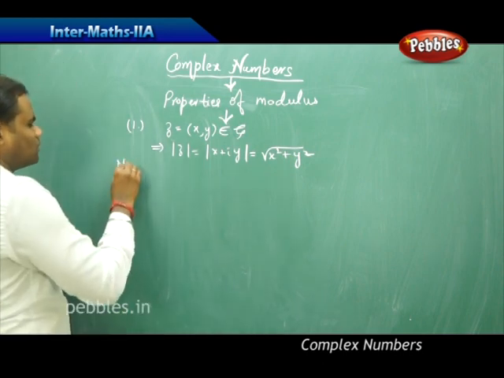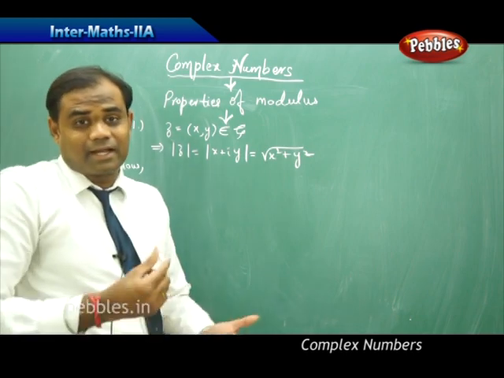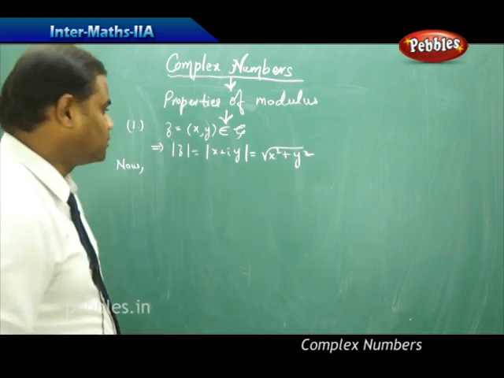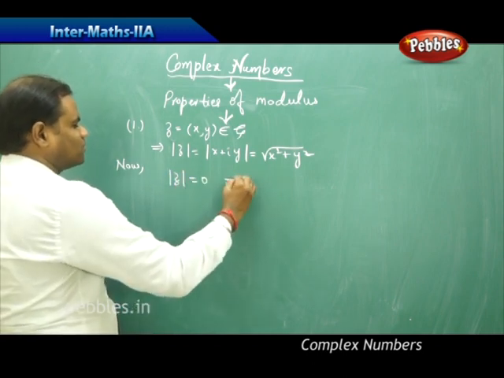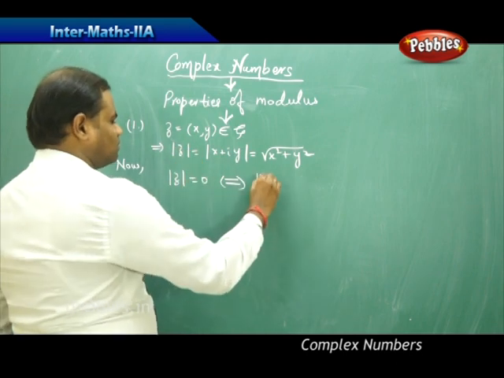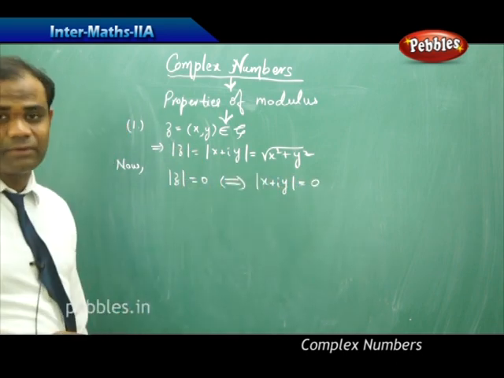Now in the first property, if I wanted to know what exactly is the condition for magnitude equal to 0, that is when mod z is equal to 0, if and only if mod x plus iy is equal to 0, because z is x plus iy.